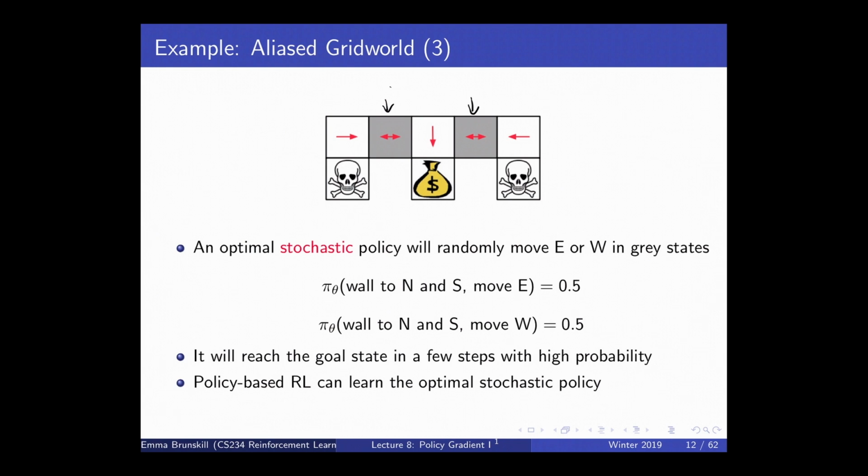Because note, it can tell what it should do when it reaches here, because that looks different than these two states. So once it's in the middle, it knows exactly what to do. So that's again an example where a stochastic policy has a way better value than a deterministic policy, and that's because the domain here is not Markov. It's partially observable.